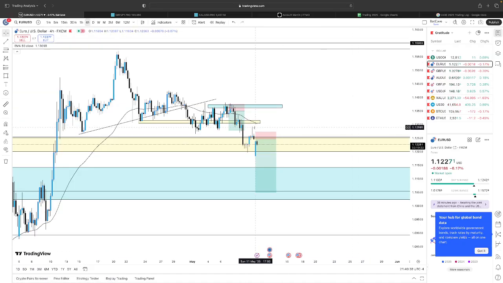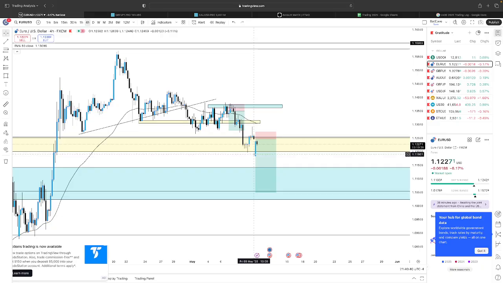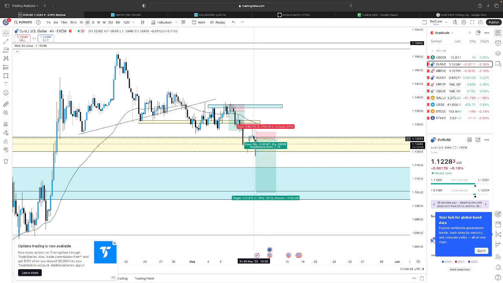Price action has opened at a gap, opening at closing last week at 1.1246, and going up about, I would say 600. Is that 600 pips? Let me double check. 1.61.